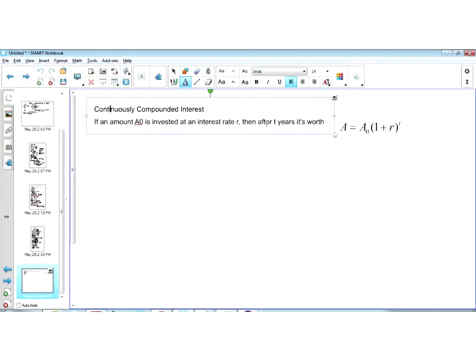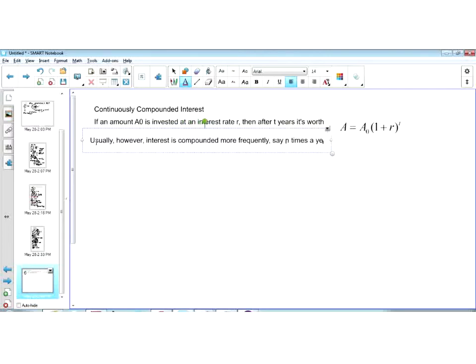Usually, however, interest is compounded more frequently, say n times a year.